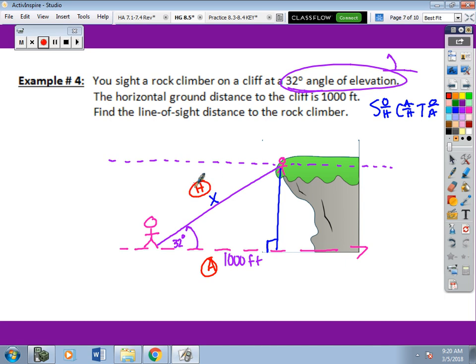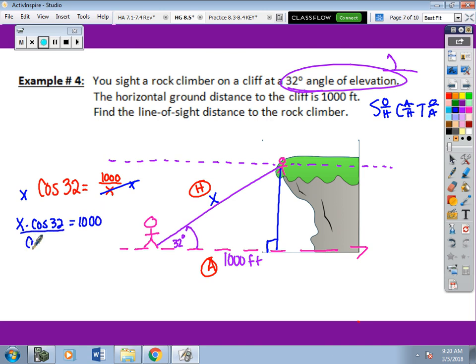Now this time I'm going to use regular cosine, not inverse, because I actually know the angle. Cosine of 32 equals 1,000 over x. Remember, this is the one that takes 2 steps to solve. You have to undo division with multiplication, just like we did in the bell ringer. Then you have to undo multiplication, again with division.